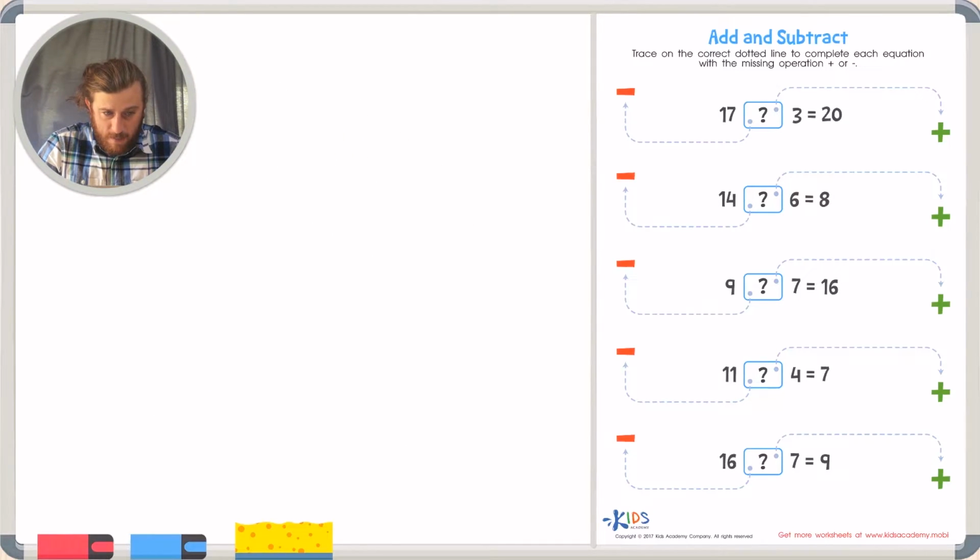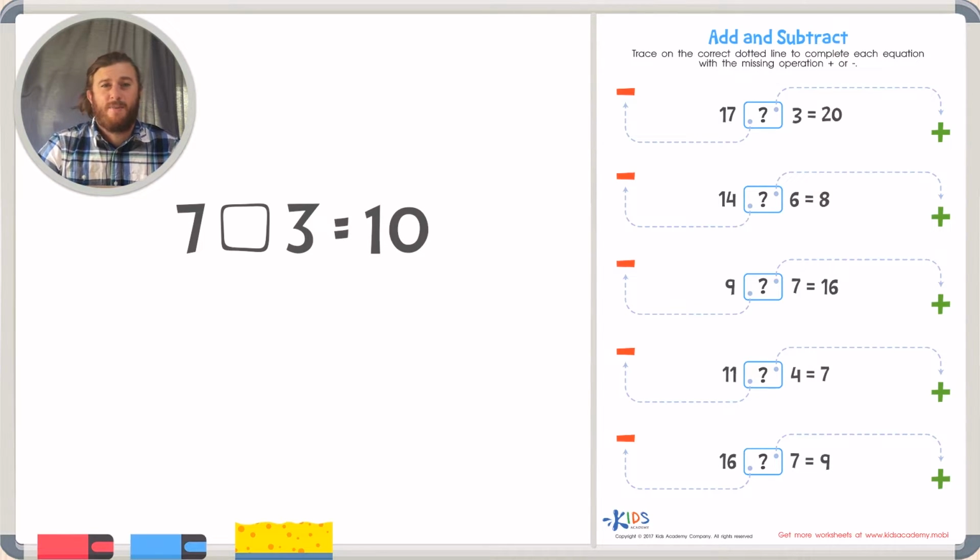Let's take, for example, 7 plus or minus 3 equals 10. So one way you can solve these problems is by looking at the first and the last number. If the first number is smaller than the last number, meaning the last number is bigger, you need to do something to that first number to make it grow.